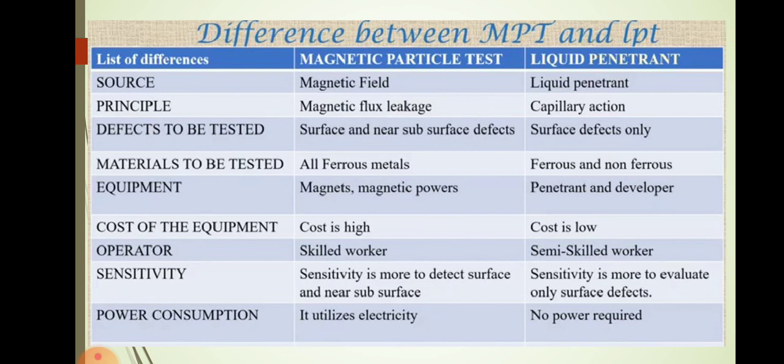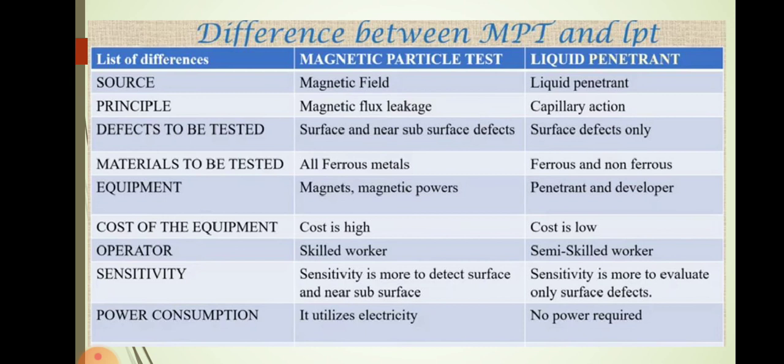Cost of equipment is very high in the case of the magnetic particle test, whereas in the dye penetrant test cost is relatively low. A skilled operator is required in the magnetic particle test, and should have very vast experience so that defects can easily be detected, whether on the surface or near the subsurface. In the liquid penetrant test, a semi-skilled worker is required.